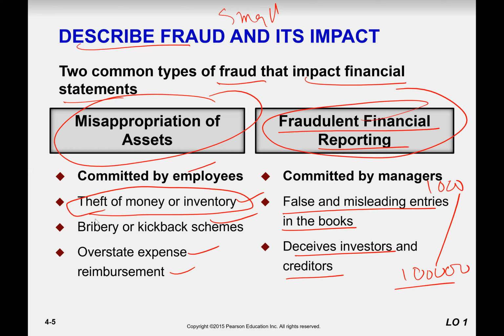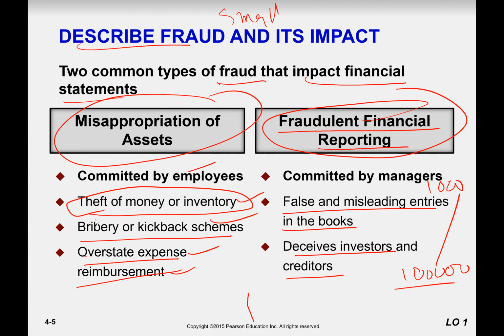And then bribery and kickbacks, it's also very small. Overstatement of expenses reimbursement, like I told you, you stayed in a 1-star hotel and you claim a 5-star hotel bill. Of course, that's a fraud, a fraud is a fraud.